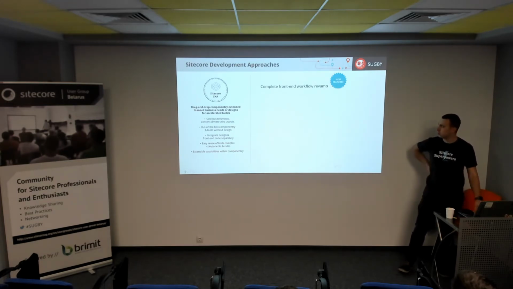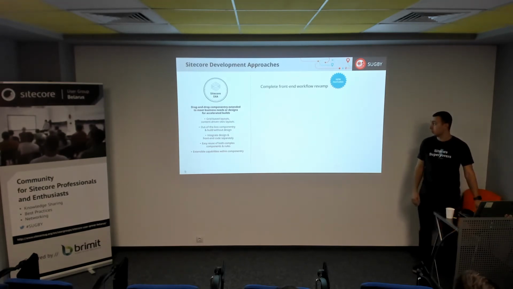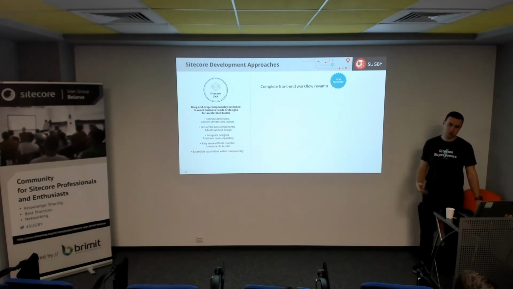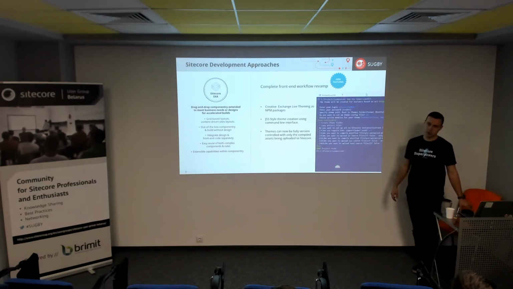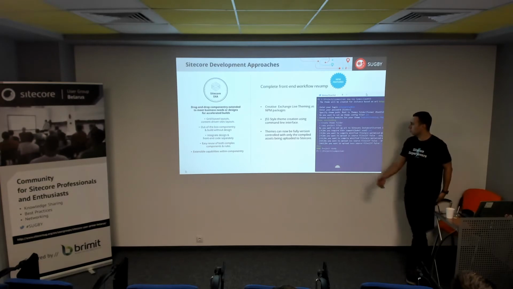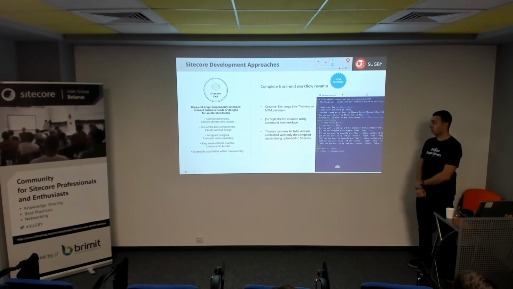And probably the last major feature which was released with Sitecore 9.3 is a fully decoupled front end. Sitecore changed the approach for front-end developers on how to build SXA solutions, and they provided a Creative Exchange Live theming tool, which is npm packages, and now front-end developers can do SCSS theme creation just using the command line.